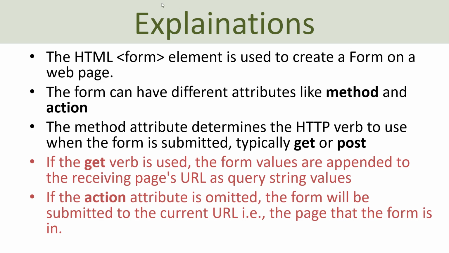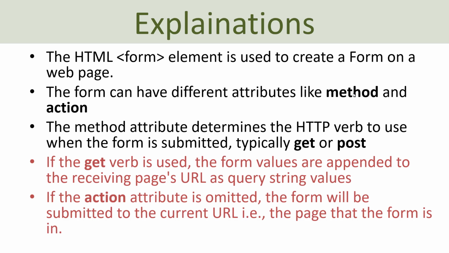So here's a short explanation of this example. We are using this HTML form element that is used to create a form on the web page, and then the form can have different attributes like method and action. So far we haven't used the action, only the method.